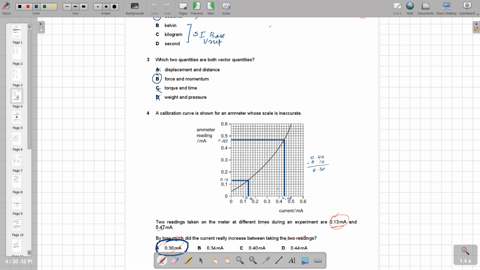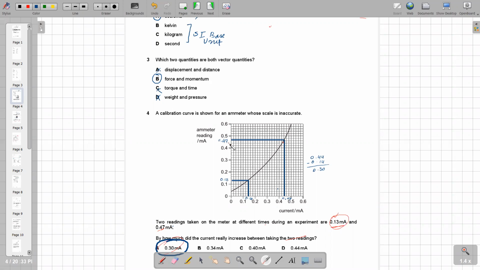The ammeter reading is inaccurate. They have asked that if the ammeter reading says 0.13 milliampere and 0.47 milliampere, what will be the actual increase in the two readings?